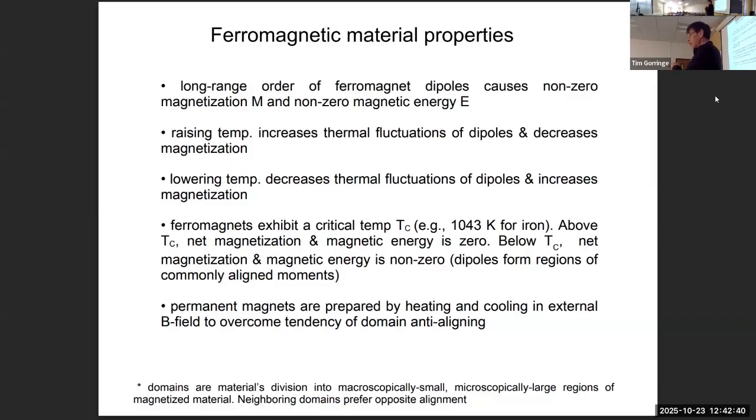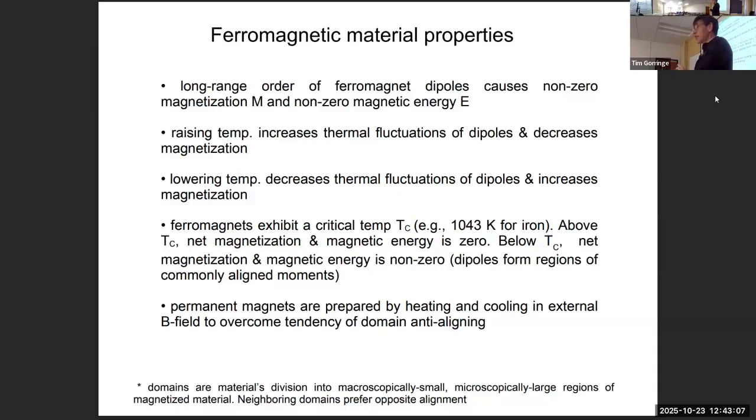This is the critical temperature at which an alignment in the material would appear. So below that critical temperature, the atoms or the dipole moments are lined up with one another. Above that critical temperature, the dipole moments in the material would not have the alignment with one another. They would be randomly aligned.